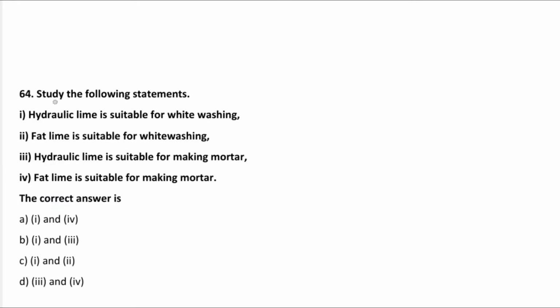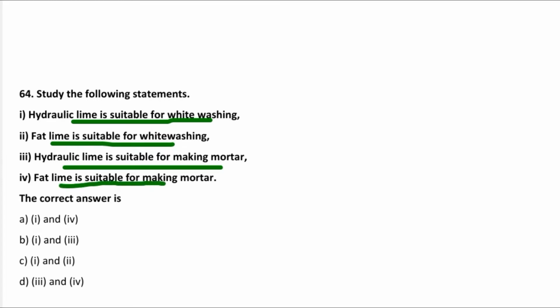Next question, study the following statements. First statement, hydraulic lime is suitable for whitewashing. Second statement, fat lime is suitable for whitewashing. Third statement, hydraulic lime is suitable for making mortar. Fourth statement, fat lime is suitable for making mortar. Option A, 1 and 4 are correct.